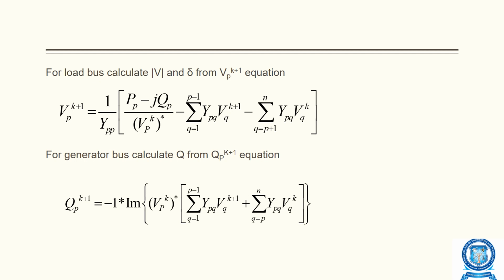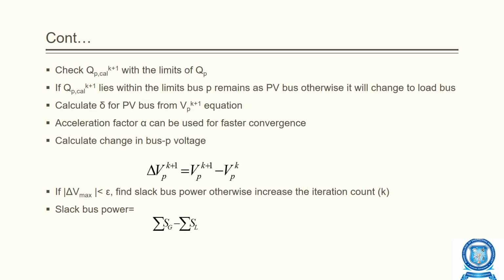For generator bus, calculate the value of Qp k plus 1. The Qp k plus 1 equation is given, so you need to check whether Qp calculated k plus 1 is within the limits of Qp. If it lies within the limits, then p remains a PV bus, otherwise it is changed to a load bus.